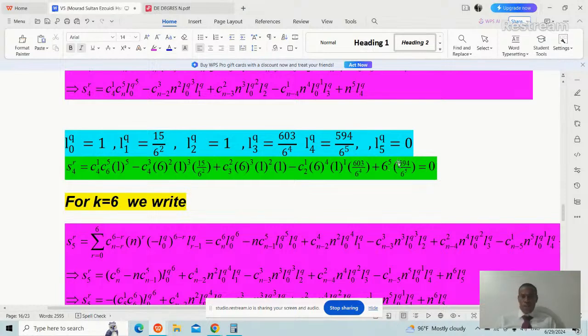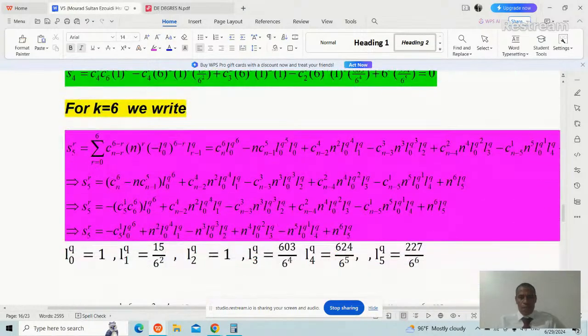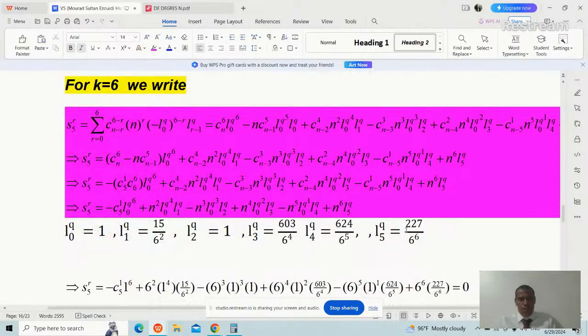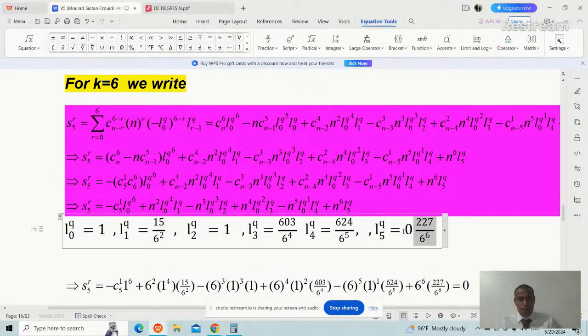This is 594. Okay, we continue. This is with all the 0, of course. This is another thing we solved before. You can use my mobile if you want.